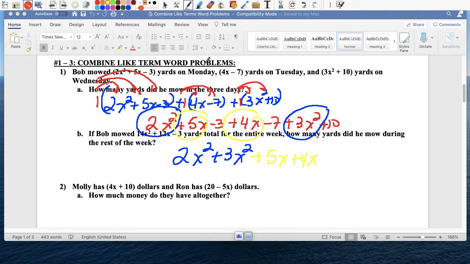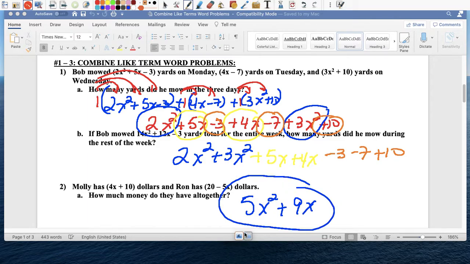It's a really bad color. And then minus 3 minus 7 plus 10. So if we add this up, 2x squared plus 3x squared is 5x squared. 5x plus 4x are both positive, so it's 9x. Negative 3 and negative 7 is negative 10, and negative 10 plus 10 is just 0, so we don't need to really write it. So this is how much he mowed all week.